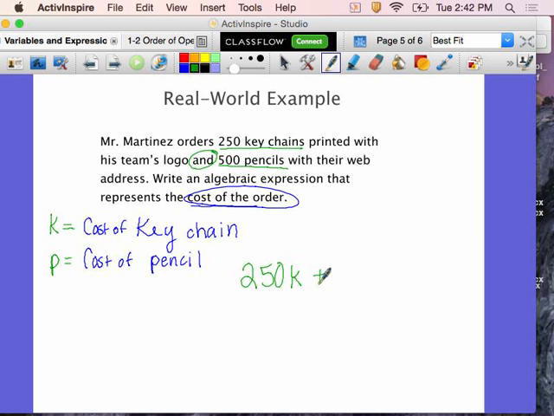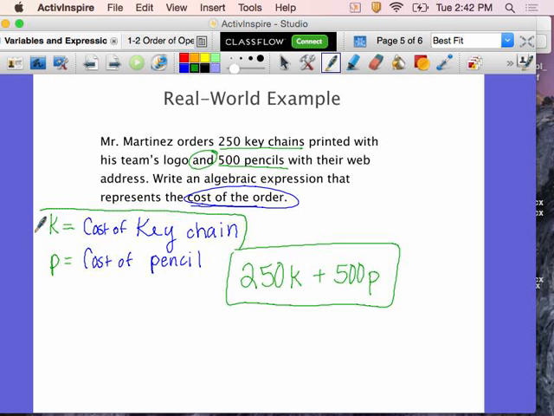And we're going to buy 500 pencils, and it's $P per pencil. And now you've got an expression, so you're done. This is the expression, but I also expect to see you defining your variable. There's no need to solve anything. Of course you can't. And like I said, you don't need to do an equation because they're not asking for one, although you could. You just say equals T, the total, or something like that.